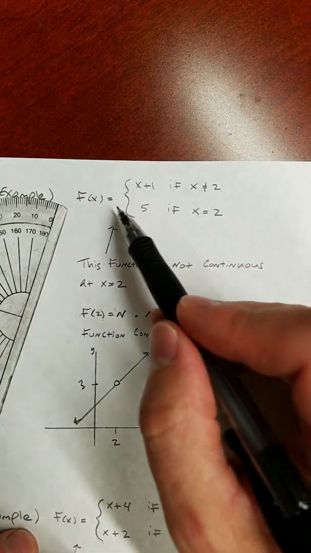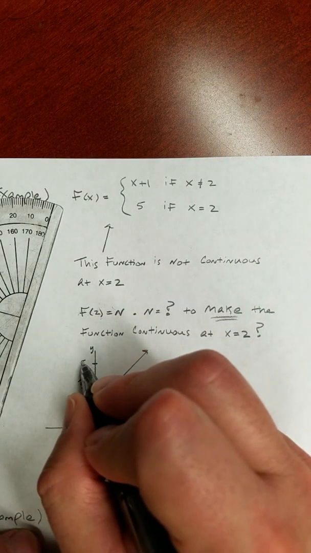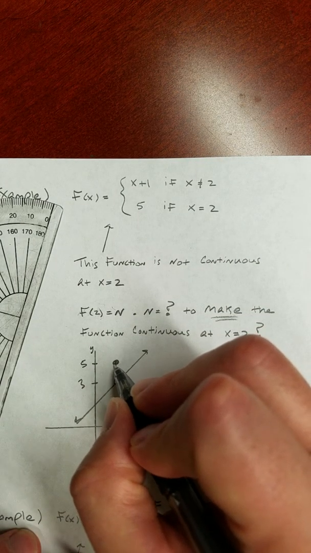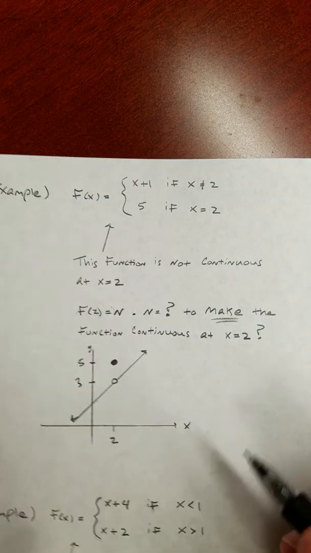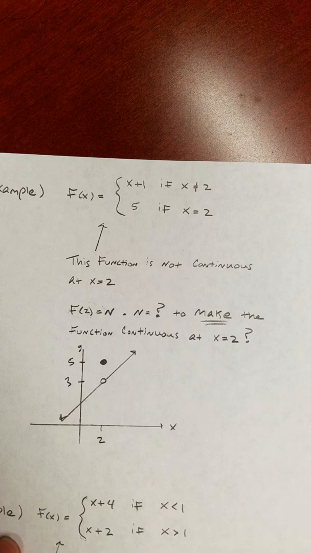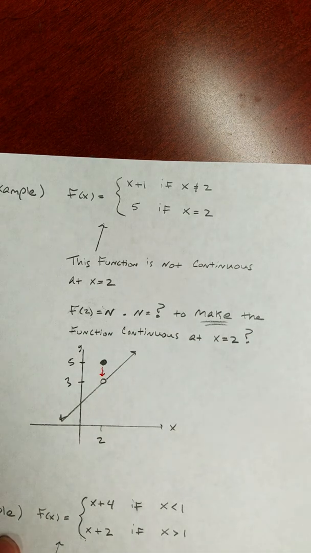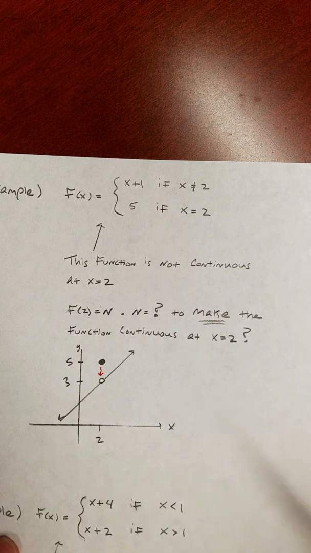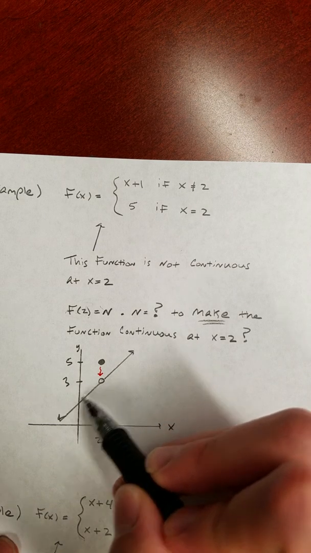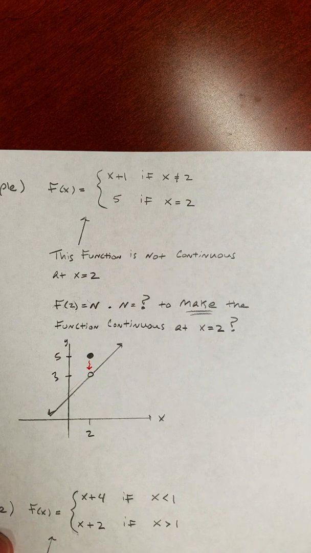And then it says, in addition to that, y is 5 if x is 2. So let's go up here at 5, and we have this point, and it's not continuous. We can look at it. It is not continuous at 2. But wouldn't it be continuous if this point was down there? If that point was right there, it would be one solid line, and it would be continuous.